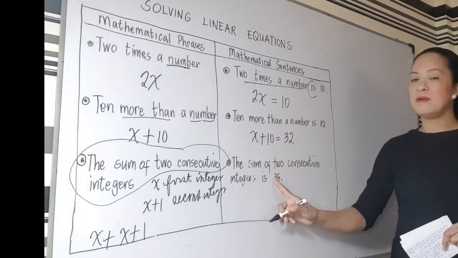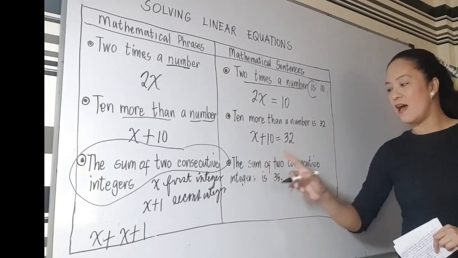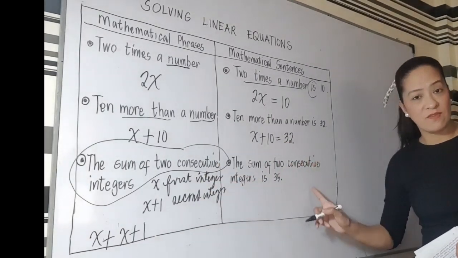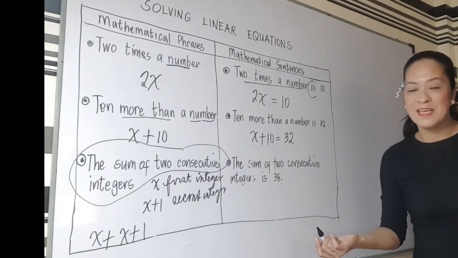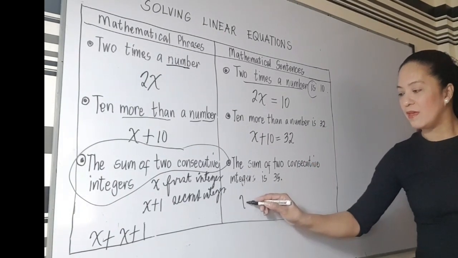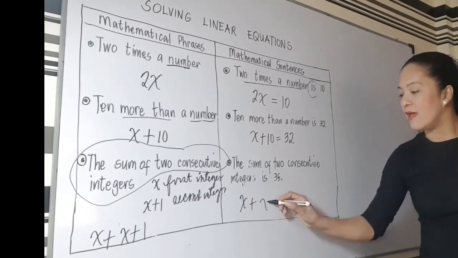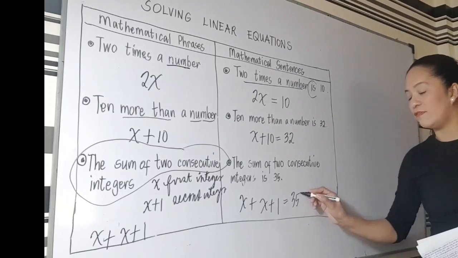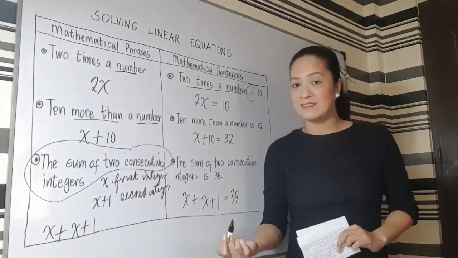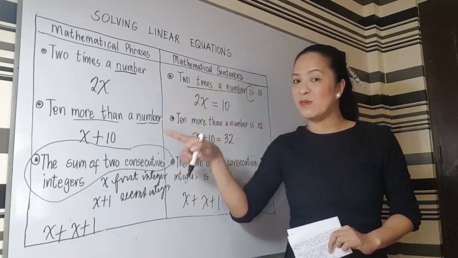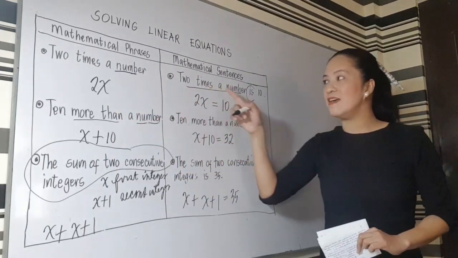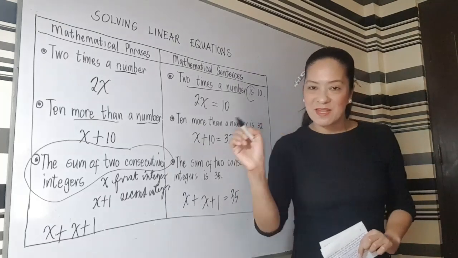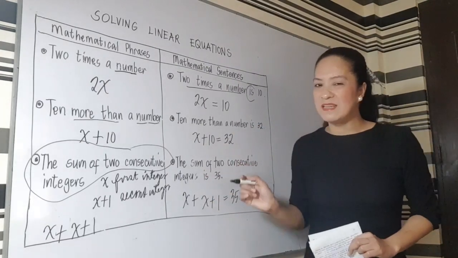Next, for our mathematical sentence, the sum of 2 consecutive integers is 35. So how do we write it? It should be x plus x plus 1 equals 35. I'm sure by this time, alam nyo na yung difference between mathematical phrase and mathematical sentence. Ano ang pagkakaiba nila?